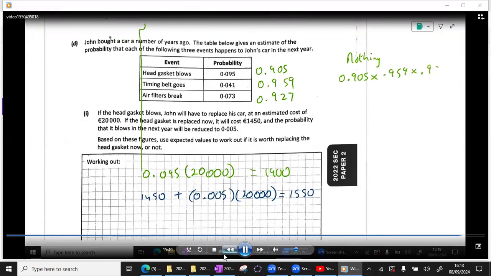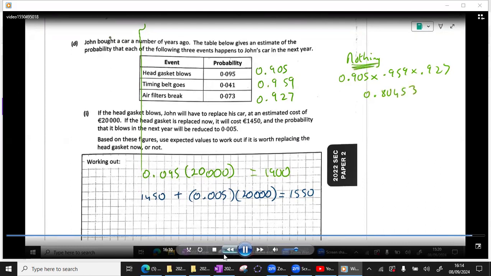So this is my probability of nothing going wrong, 0.905 multiplied by 0.959 and 0.927. Now, when I do that, I get 0.804538, etc. Now, this is the probability of nothing happening.